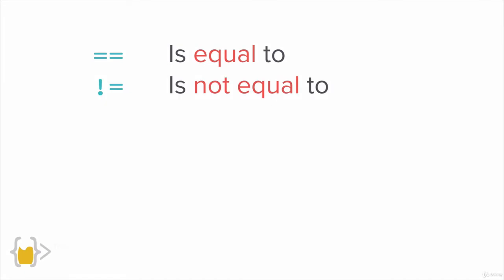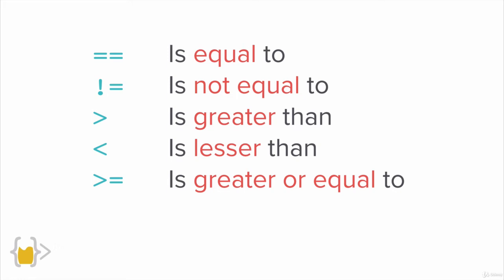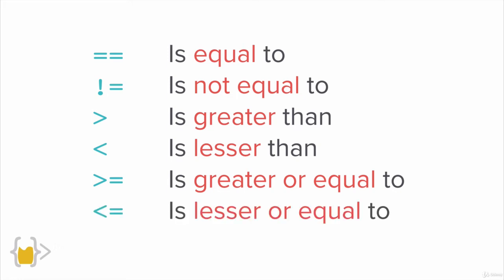Well, when we're using if statements, we also have a whole bunch of operators that we can use. For example, we already saw that we can use two double equals to check if the left-hand side is equal to the right-hand side, but we can also check if it's not equal to by using an exclamation mark and an equal sign, or if the left-hand side is greater than the right-hand side, lesser than, greater or equal to, and lesser or equal to.